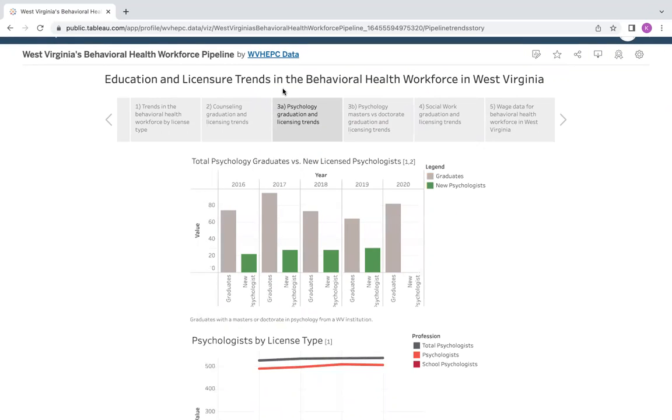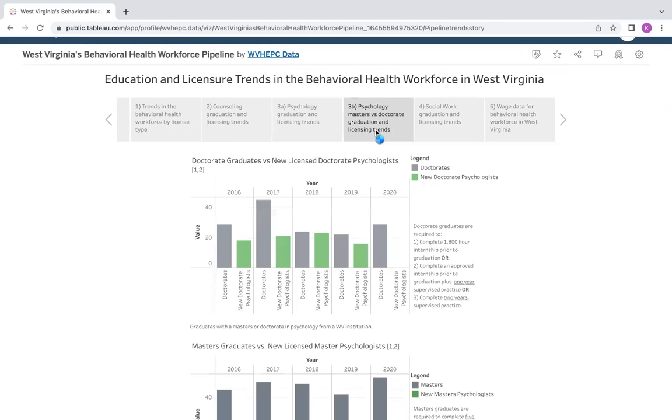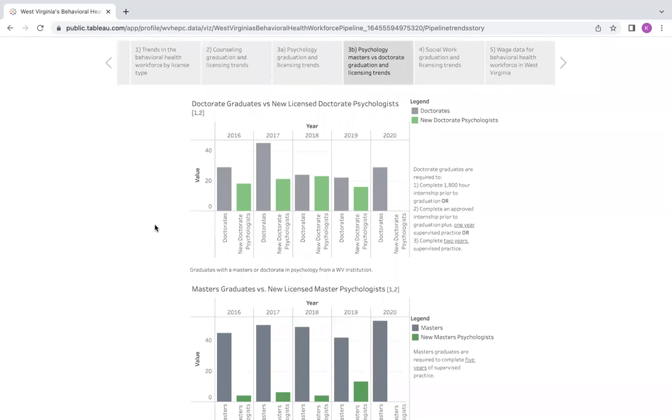West Virginia is unique with psychology in that we license both master's and doctorate level psychologists. Master's level requires 5 years of supervised practice before licensure. Doctorates require 1 to 2 years, depending on their internship that was prior to graduation.